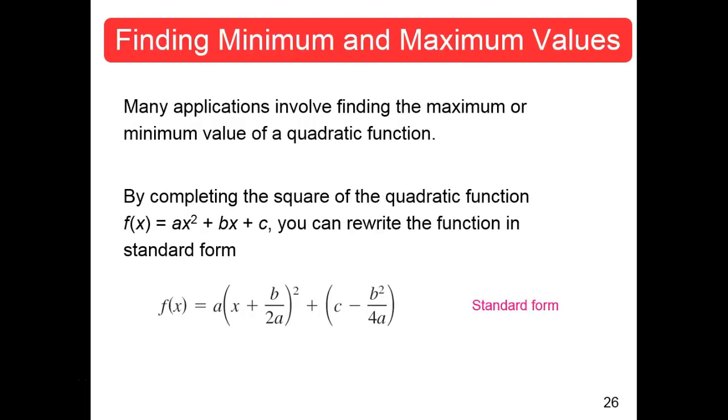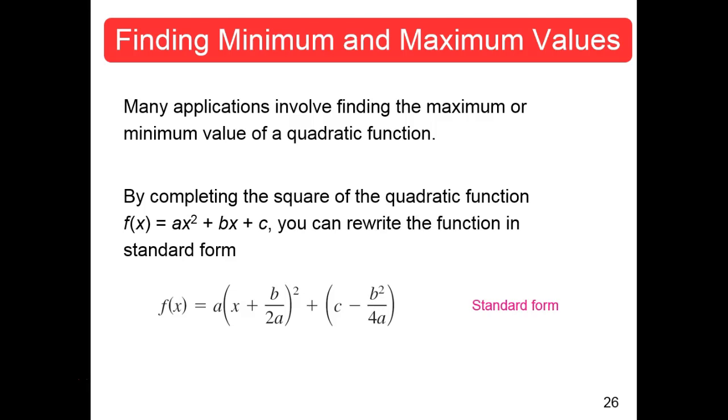Okay? So, that's what they're doing here. Many applications involve finding the maximum and minimum value of a quadratic function, which is going to be our vertex, by completing the square, that's what we just did, of the quadratic function. You can write the function in standard form. They just went straight to this form without showing you how to do it. That's why I did it on the last slide.